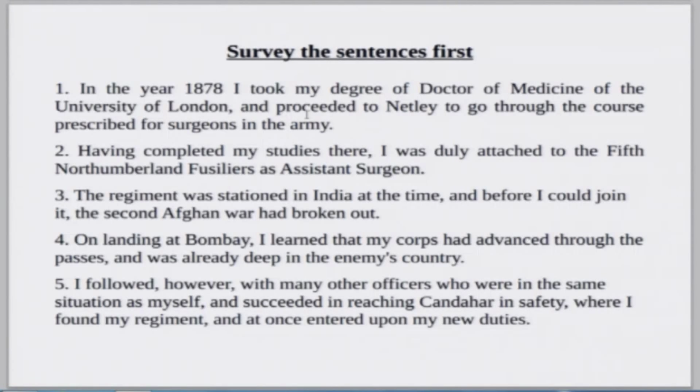I took my degree is one clause and other things are coming with that. Okay. So, I took my degree and proceeded to Netley. Okay. These are the 2 prime things which are a must. These are the 2 things that are being said. I took my degree and I proceeded to Netley.